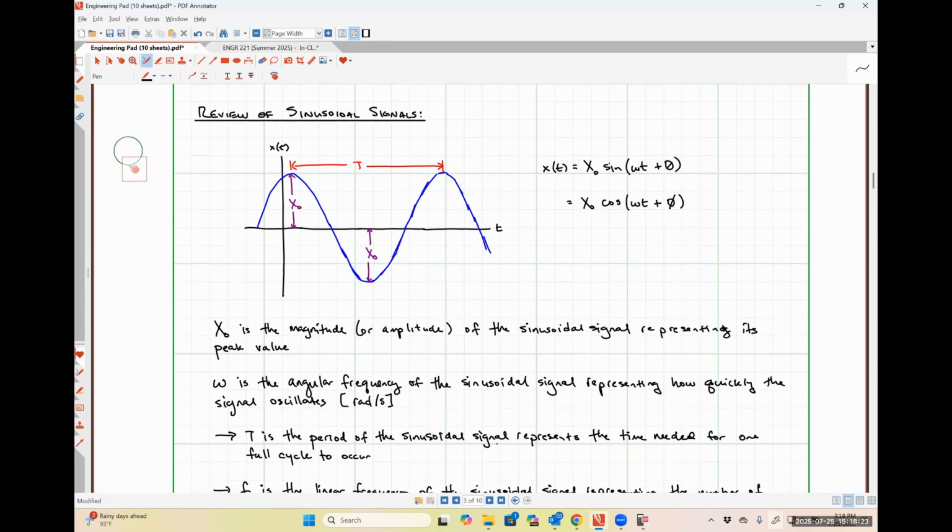So let me explain what I mean by shifted in time. I'm going to ask you guys a question. I would appreciate if one of you would answer it. If I just have the signal sine of omega t, no phase angle or anything like that, at what value of t is my signal equal to 0? So for what value of t is sine of t 0?